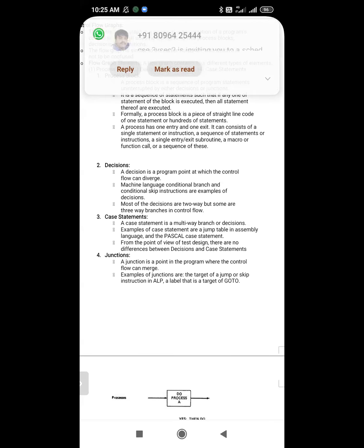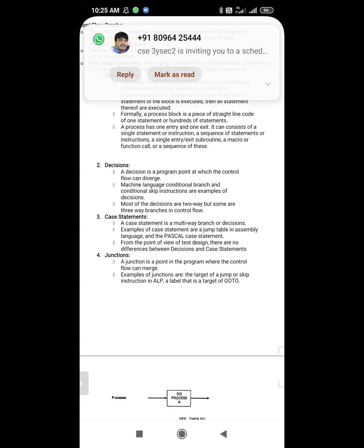A process block is a piece of straight line code. It may have hundreds of statements in it. That is, the number of statements or lines in a block of the program is called a process block, which goes from entry to exit, or start to stop.